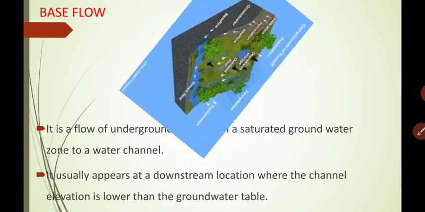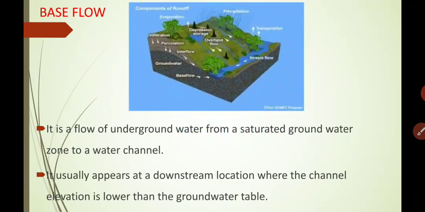Next we are going to see the topic base flow. See the picture. Interior of the earth. Base flow comes after surface and subsurface, and below the subsurface is called base flow. It is the flow of underground water from the groundwater, from a saturated groundwater zone to the water channel.